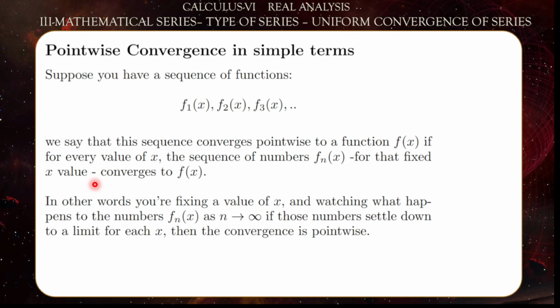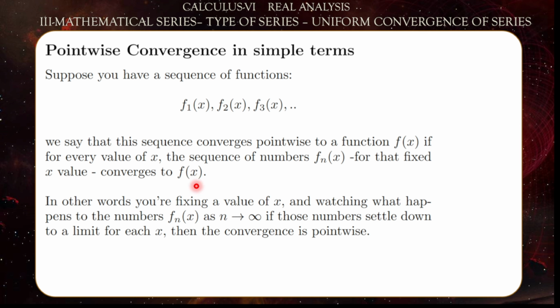So the limit is also the actual value of the function at that point. Almost the same thing here. When the sequence for that fixed x value is close to the actual value of the function at x, this means that fn(x) is convergent. It converges to f(x).